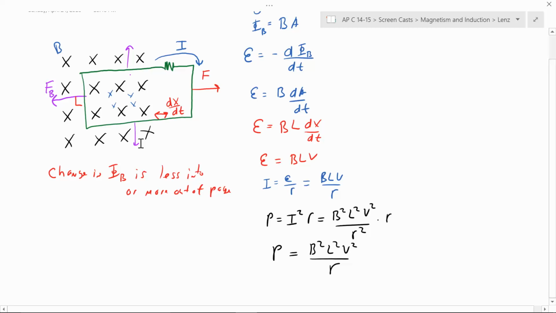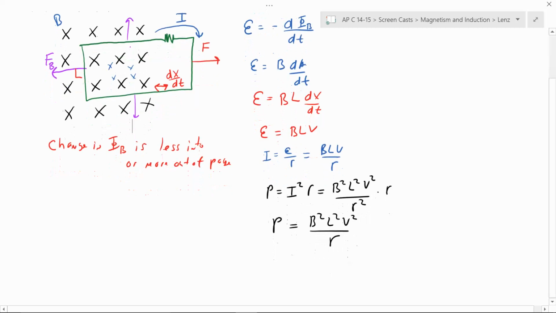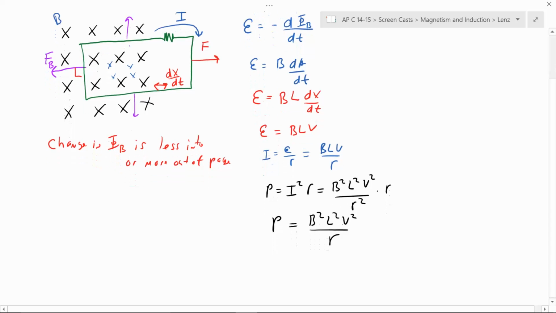So what if we wanted to, for example, compute the force? You can think about it two ways, either in terms of the force you're applying or in terms of the magnetic force. From the magnetic force, you might say, well, magnetic force equals IL cross B. Great.